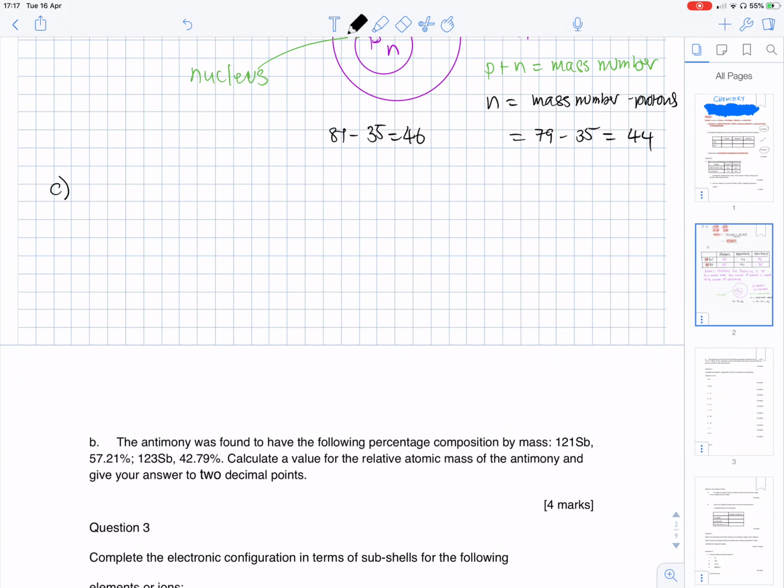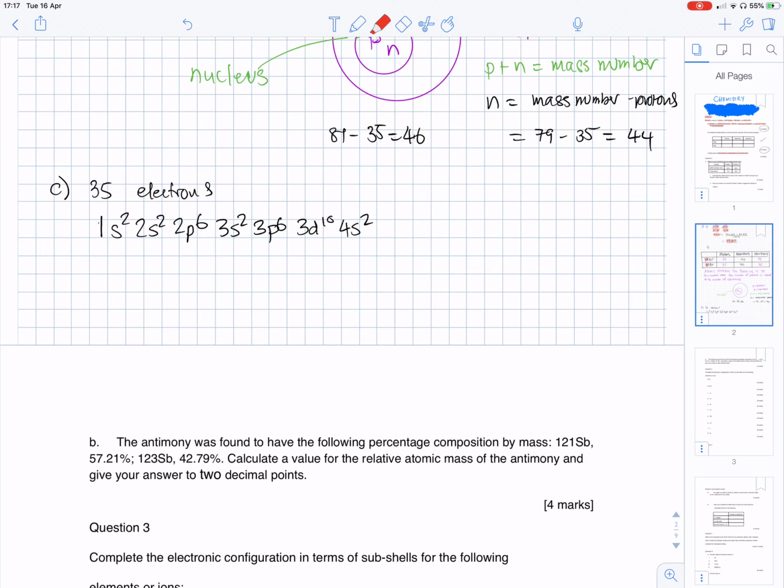So that is part C. So we need to do it for 35 electrons. So we always start with 1s2, 2s2, 2p6, 3s2, 3p6, and from 3p6 we go to 3d10. Then we're gonna have 4s2.